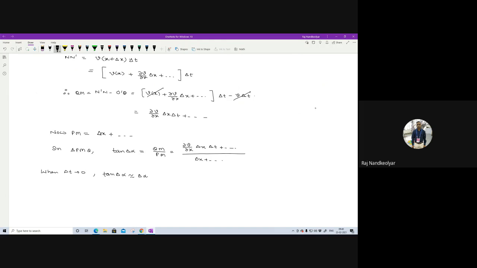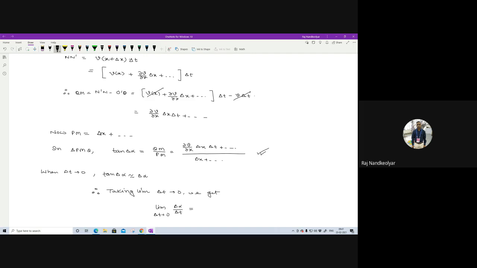So what actually we are doing? We are taking the limit delta T tending to 0, we get delta alpha by delta T equal to limit delta T tending to 0.